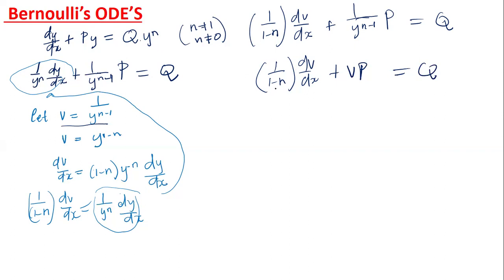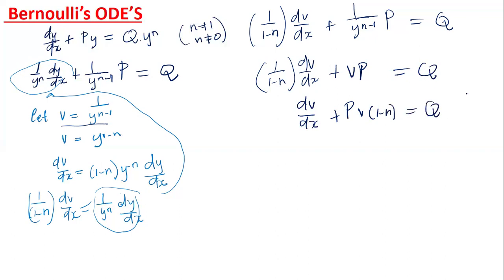So we're going to get rid of this fraction, which is 1 over 1 minus n. That means I'm going to have to multiply the whole equation by 1 minus n. So when I multiply by 1 minus n, this cancels, and then I'm left with dv over dx, right? And therefore this side I have p multiplied by v, but also because I multiplied by 1 minus n, here I'm going to have 1 minus n, is equal to q.